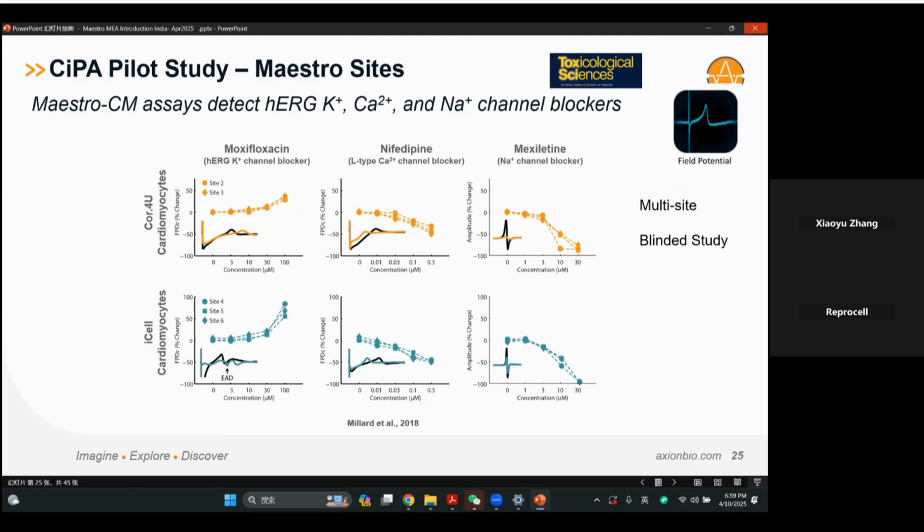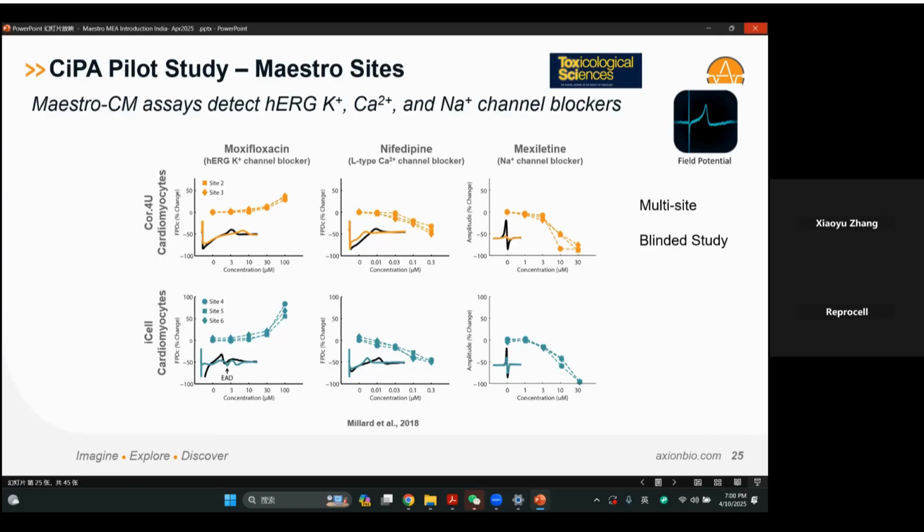In the CiPA pilot assay, 6 core sites used the Maestro for their MEA studies with 2 different cell types, Cor.4U and iCell, and 3 compounds with known mechanisms.